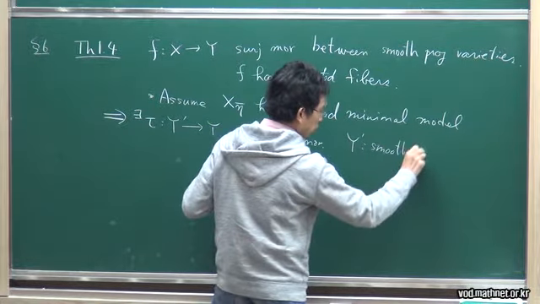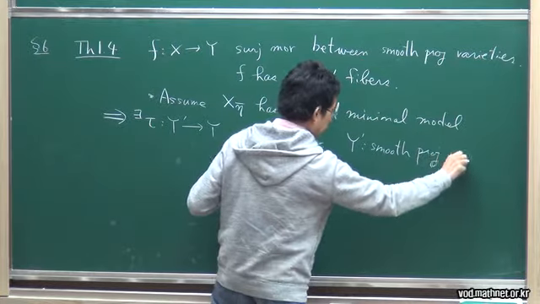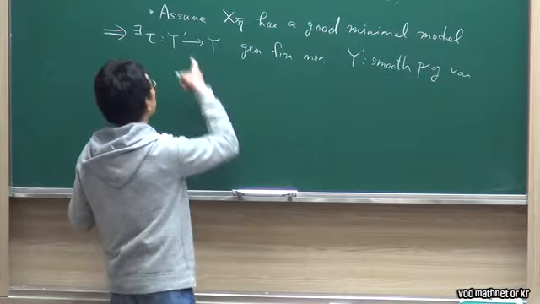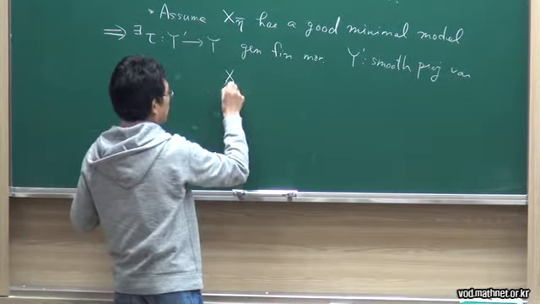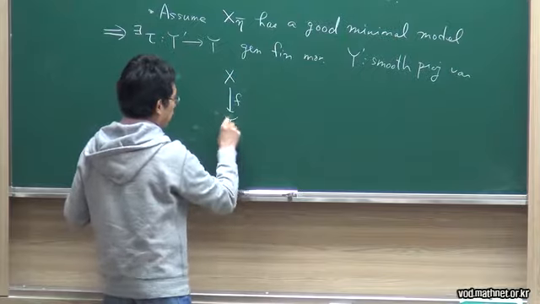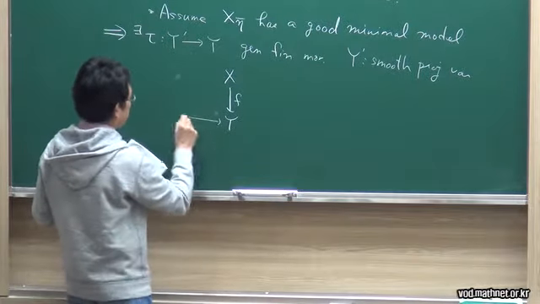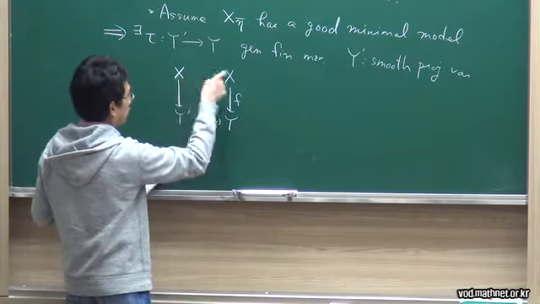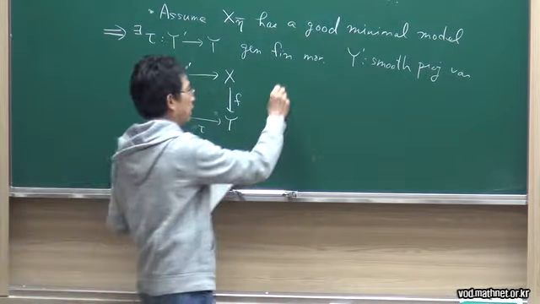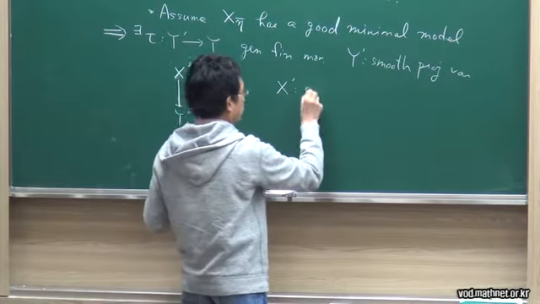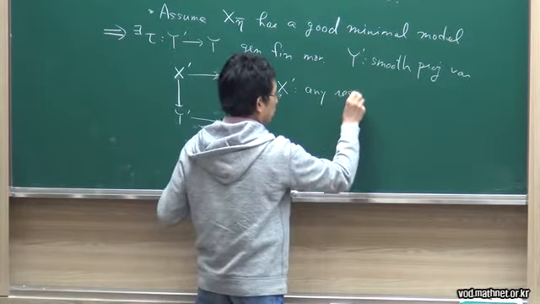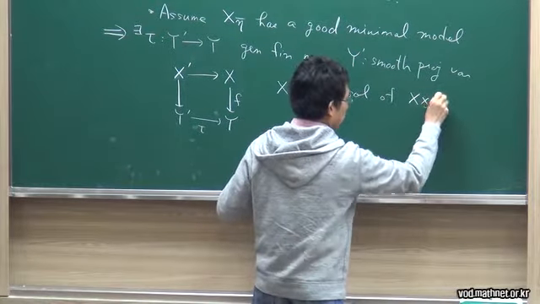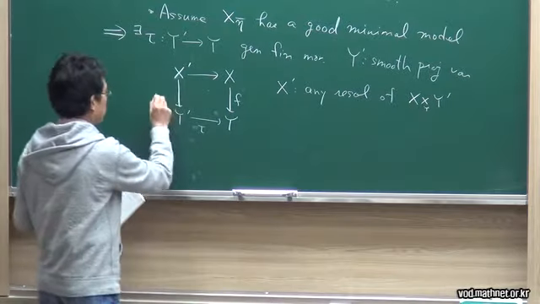Consider the base change of the given morphism f: X to Y by tau, and consider the commutative diagram like this, and X prime is any resolution of the base change X times Y prime.